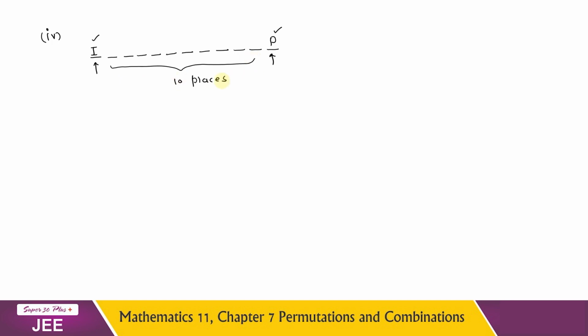And at these 10 places, we have to arrange the remaining letters. So the remaining letters can be arranged at these 10 places in how many ways? 10 factorial divided by 3 factorial, 2 factorial and 4 factorial.